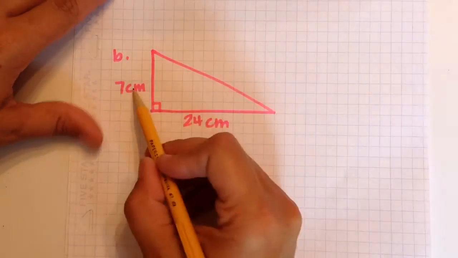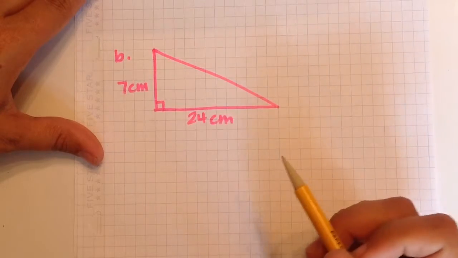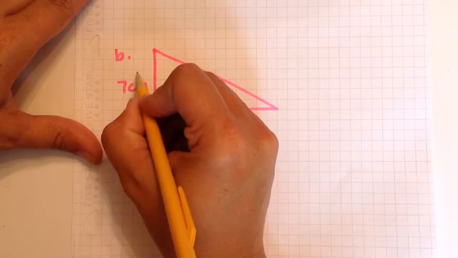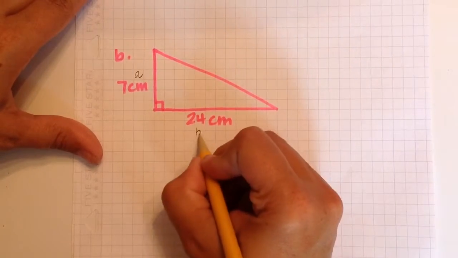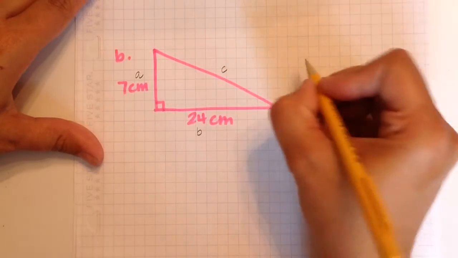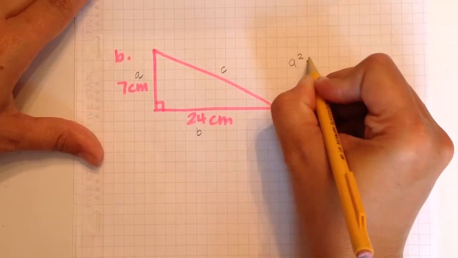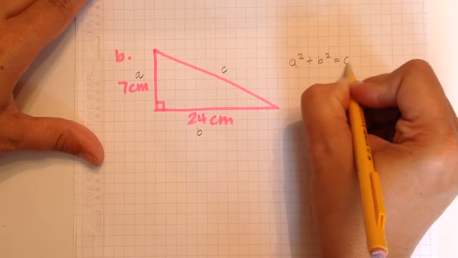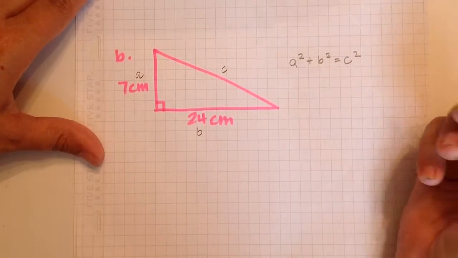Here we have 7 centimeters on this leg, 24 centimeters on this leg. I'm going to label this A, B, C. My equation is A squared plus B squared is equal to C squared.